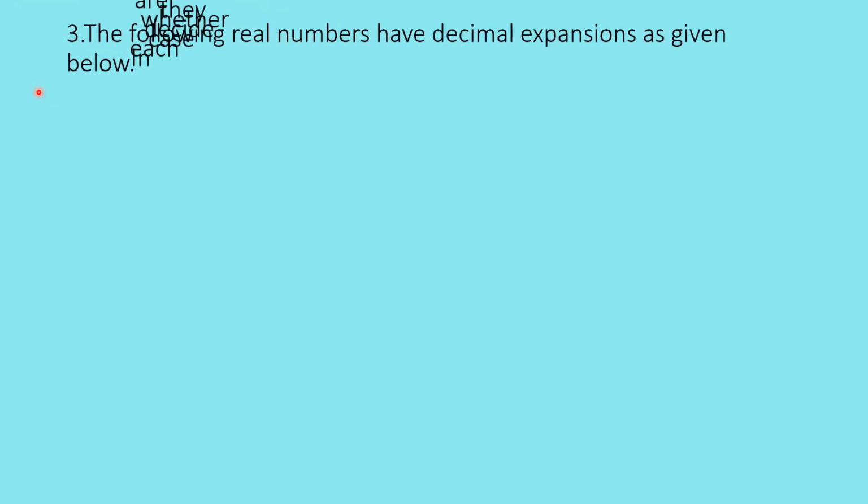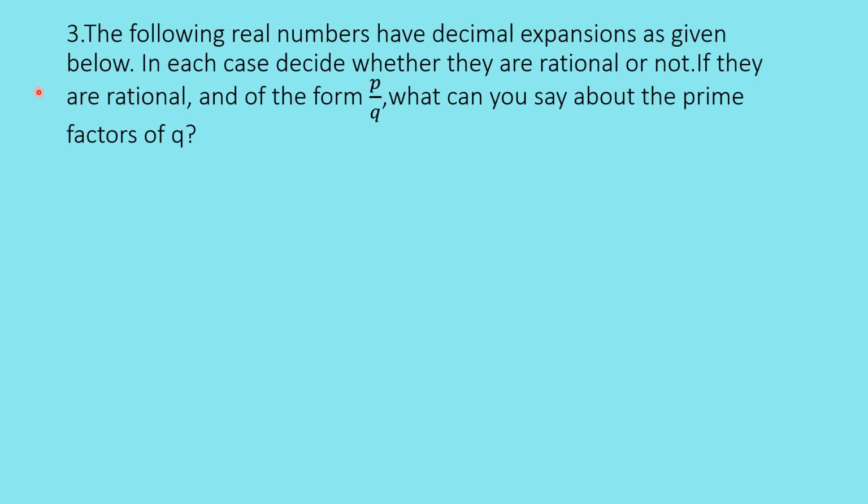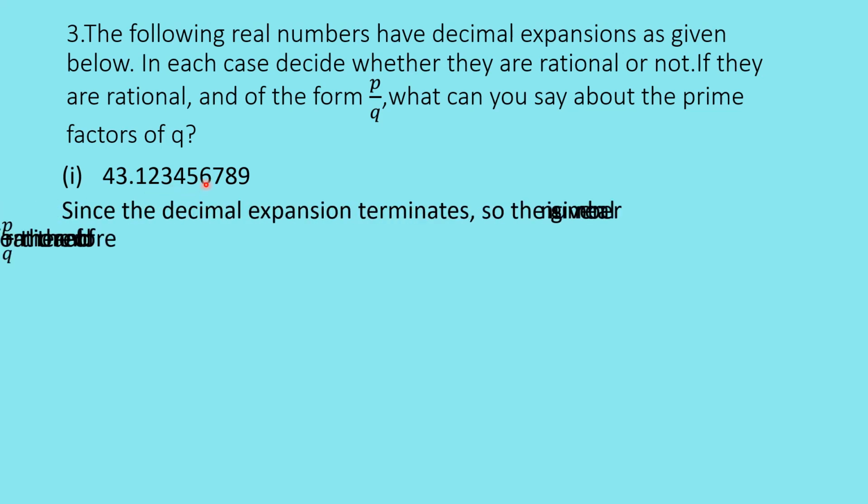Question number 3. The following real numbers have decimal expansion as given below. In each case, decide whether they are rational or not. If they are rational and of the form p upon q, what can you say about the prime factors of q? In that, question number 1, 43.12345678.